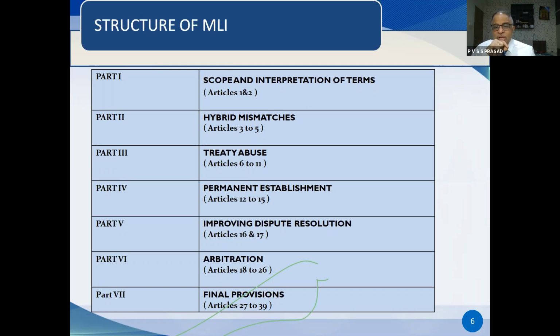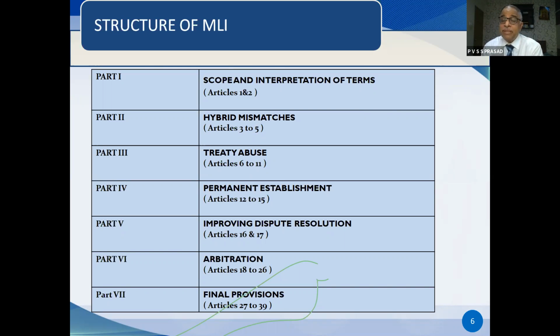Okay, so that resolution is not happening in a time-bound manner. Sometimes it takes 5, 6, 7, 8 years, which is of no use to the multinational enterprises. That is the reason now there is a proposal that whatever is referred to the competent authorities must be addressed in a time-bound manner of 2 years, and if it is not resolved, then it would be referred to arbitration.